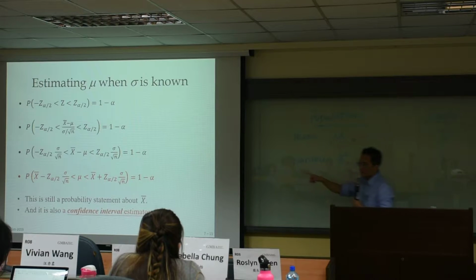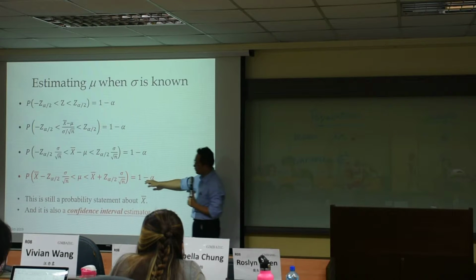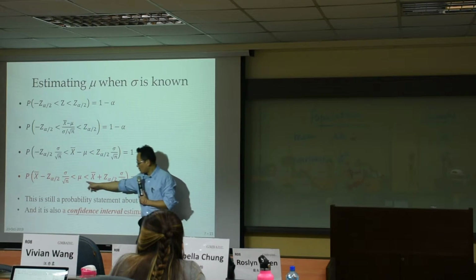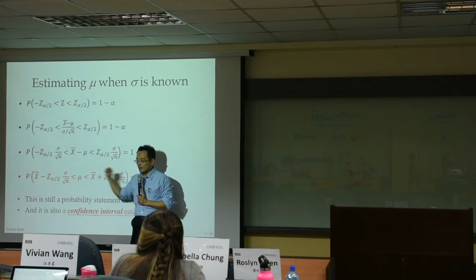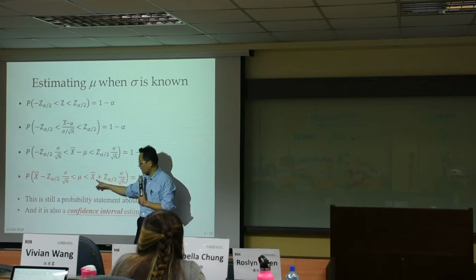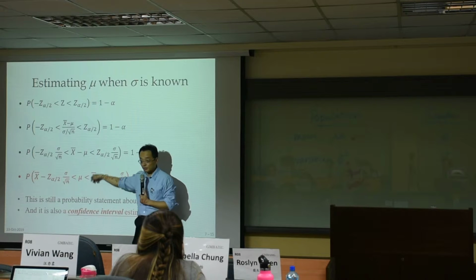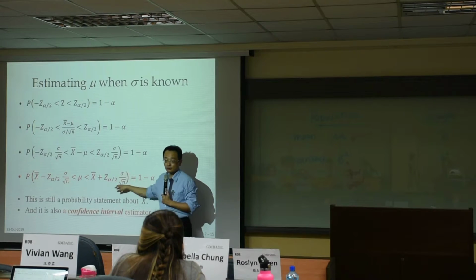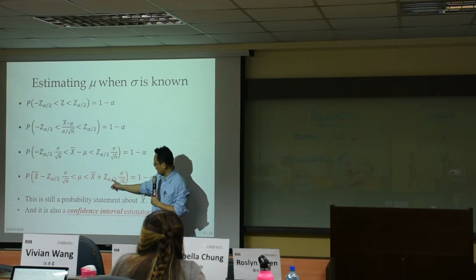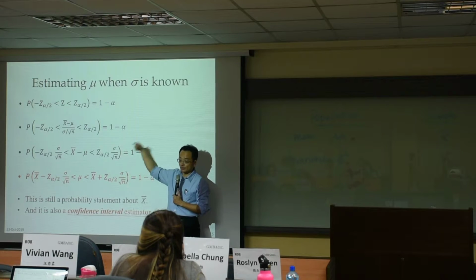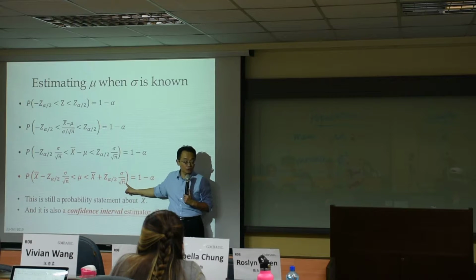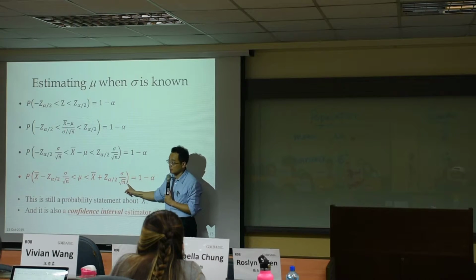If we look at this formula carefully, x bar is the sample mean, and we have the statistical value from the standard normal distribution. Sigma, the population standard deviation, is known, and the sample size n is also known because it is from our sample.